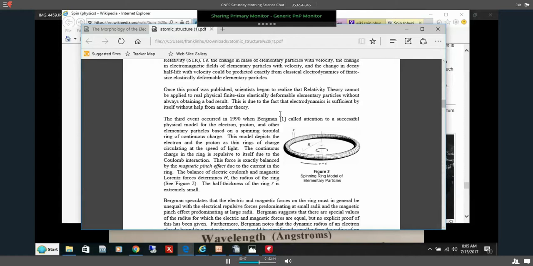The spin is the magnetic moment produced by the current as it goes around the cross section of the ring. So in this ring model, you have two motions: the motion around the circumference, and the motion around the cross section. The cross section they call the spin, and the large circumference they call the magnetic moment.